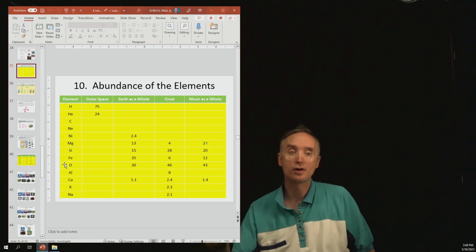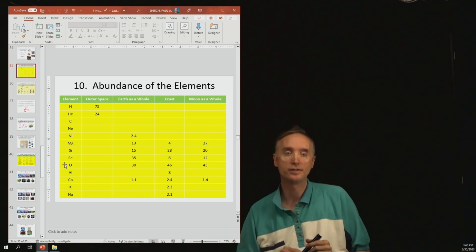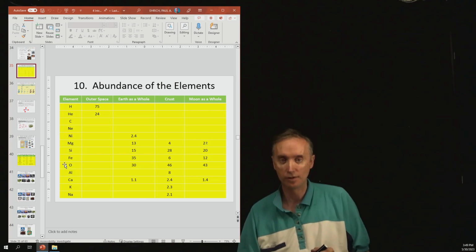Okay, now we want to talk about specific minerals, now that we know how to identify them. We know that minerals are composed of atoms, so what are the atoms that the Earth has that it uses to make these minerals with?